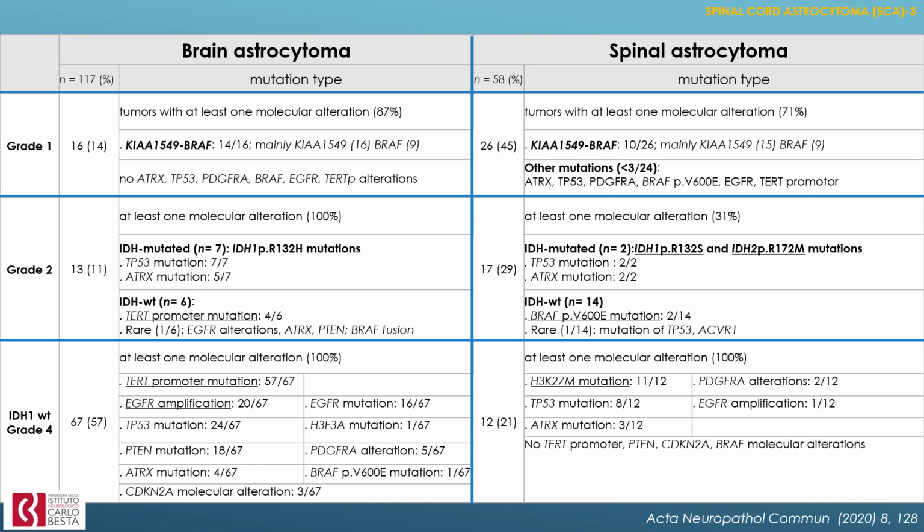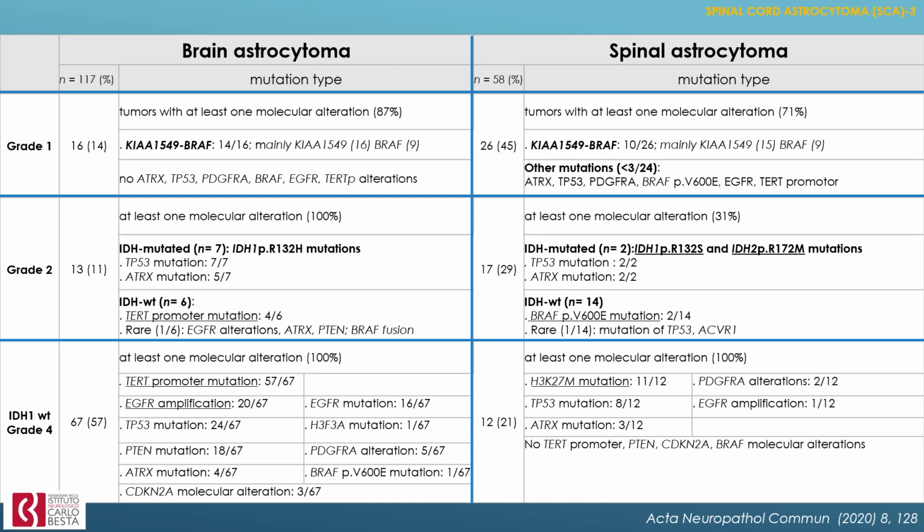Among IDH1 wild-type G2 astrocytoma, the TERT promoter mutation was the most common mutation found in the brain, compared to BRAF mutation in the spine. Regarding IDH1 wild-type G4 astrocytoma, the cerebral lesion typically exhibits TERT promoter mutation and EGFR amplification, which are almost absent in spinal lesions.